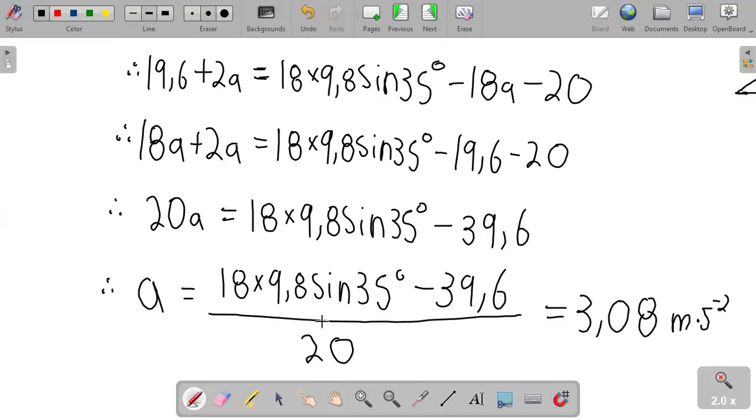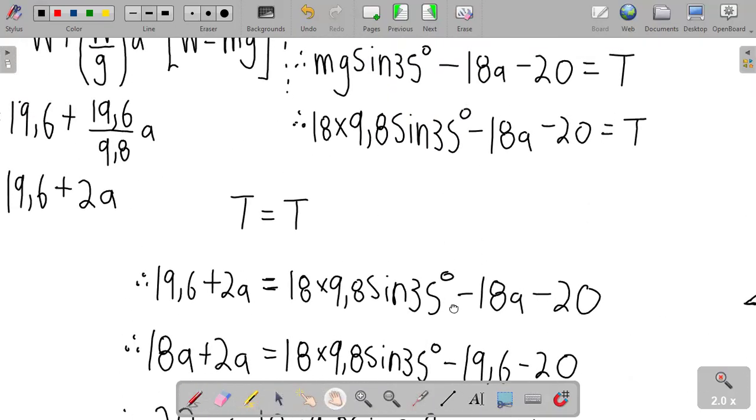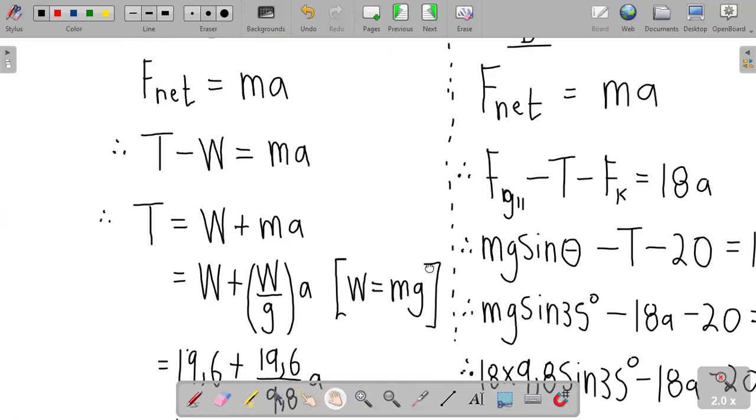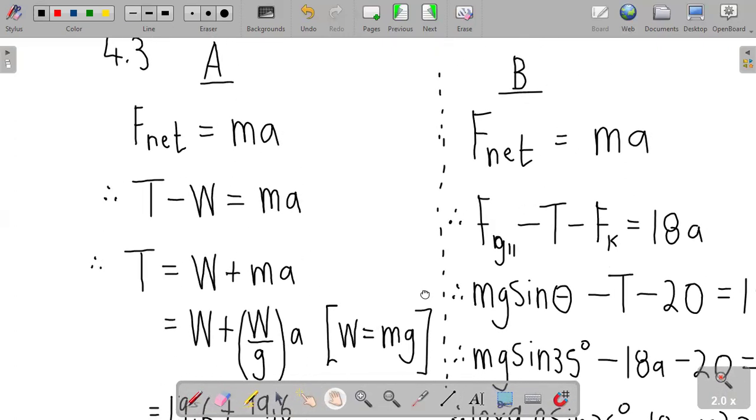Yes, this is what I get. 3.08 meters per second square. So that is 4.3, and that was 7 marks.